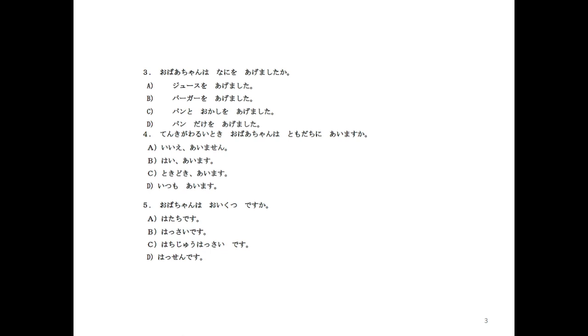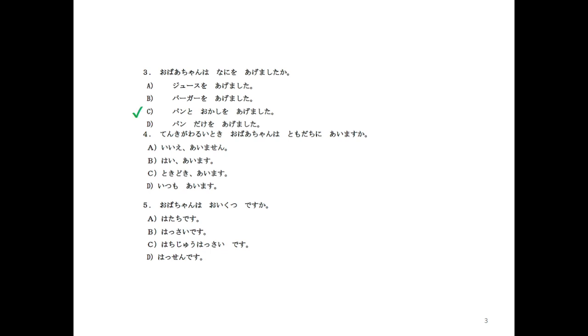So the option is C. A is juice, B is burger, and D is pan, dake, which means only bread. She didn't give only bread, right? She gave bread and sweets or candy. That is okashi and pan. Since she gave pan and okashi, the correct answer is option C.